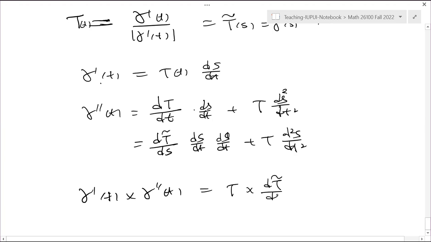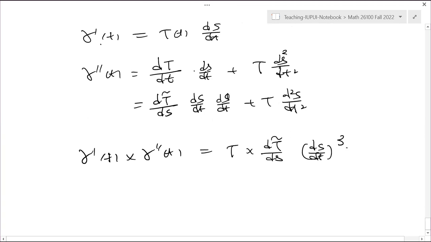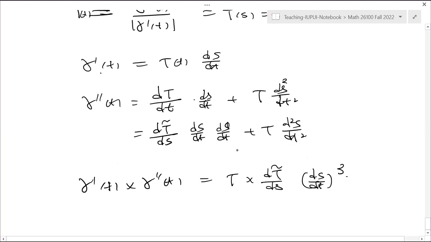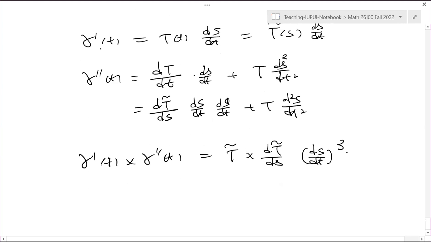And the ds dt cube, and the T times this term will be canceled out. So you only have these two terms. If we view it as a function of s, that'd be T tilde, so this can be viewed as T tilde ds dt. If it's viewed as a function of s, then I use a tilde because the formula is different. Anyway, you have this identity.